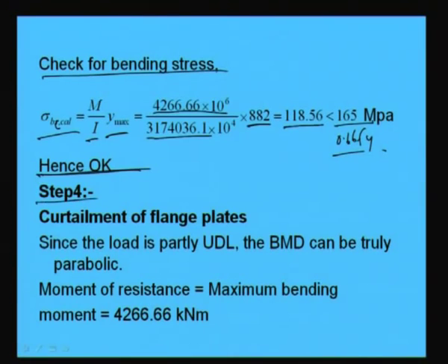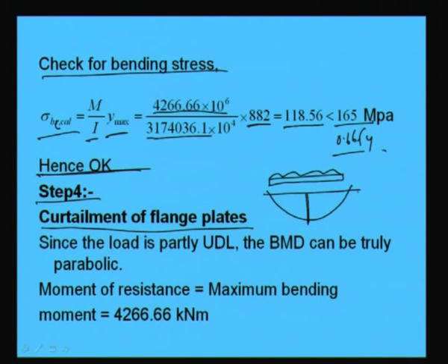Next, what we will do? Next, we will go for curtailment of flange plates. As we know, because of UDL load, the moment will develop like this. So, we do not need to provide the bigger section throughout its span, because maximum moment is here.